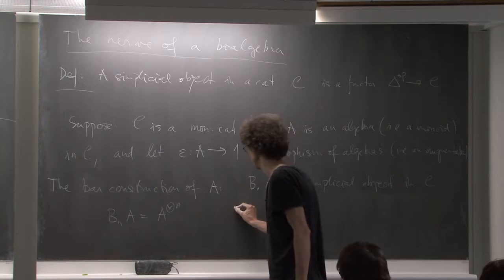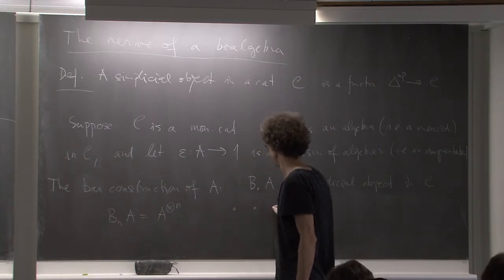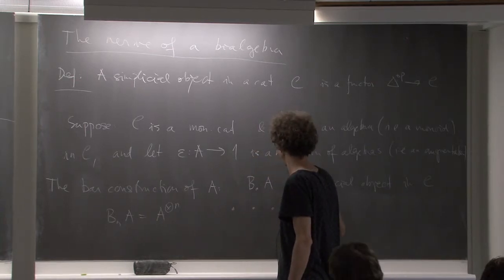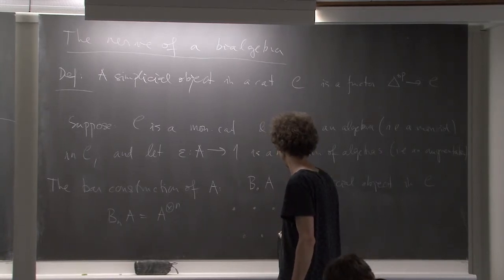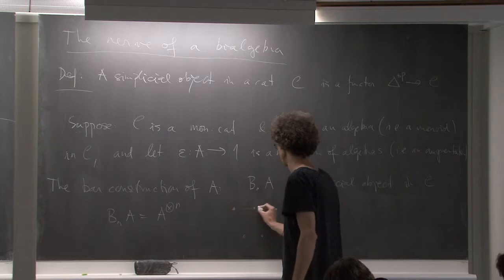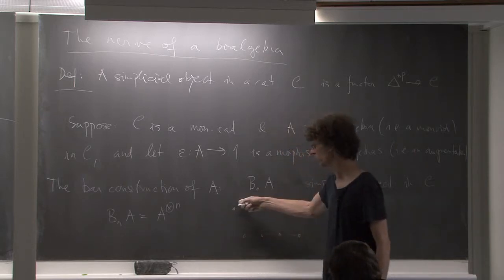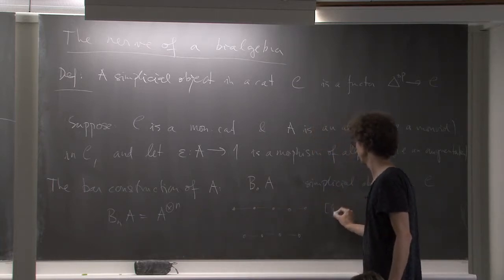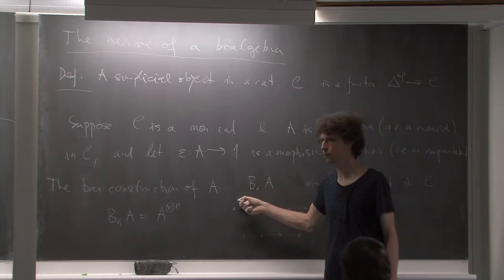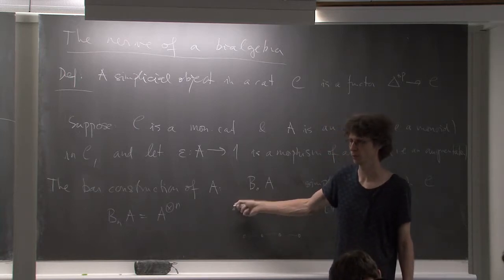So let me draw a picture. Not sure whether I'll manage to draw the same picture as before. So here n is equal to 4. Here we have A tensor power 4.